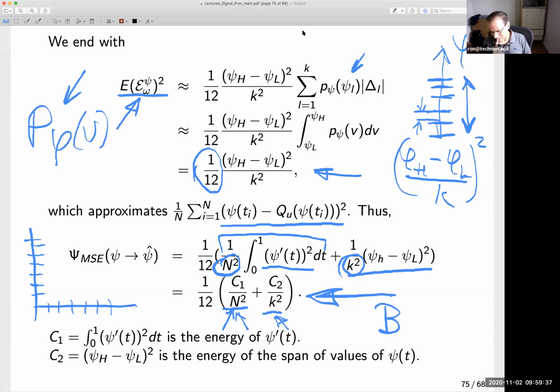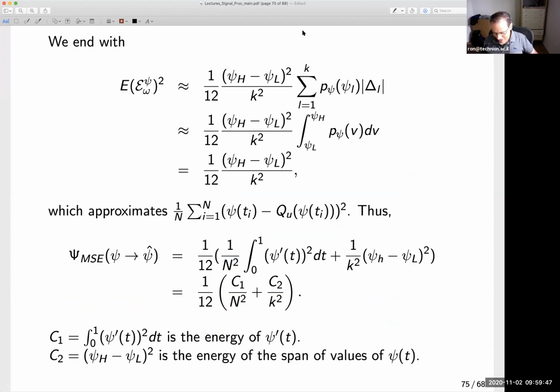So how could we make it more, how should I say it, more rigorous? The idea is going back to the basics. And by the way, these constants are given by the energy, in a sense also some sort of an energy. So this is the energy of the span of the values, and this is the energy of the derivative of the function.